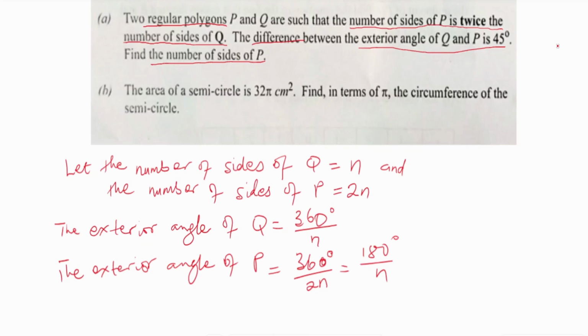Now that we've shown what the exterior angle of each of them is, let's go back to the difference. We know that difference means subtraction, right? Good. So the question says that the difference between the exterior angle of Q and P is 45 degrees. So let us not even stretch it.